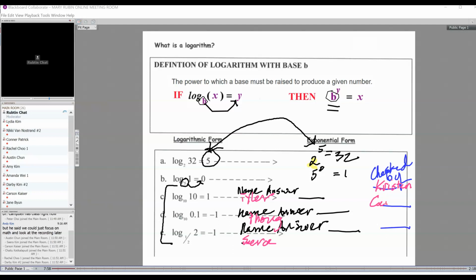Caitlin. This is great. And Anish. So just put a check mark if it's correct. If it's not correct, put an X mark, and then we'll take a look at what's going on.